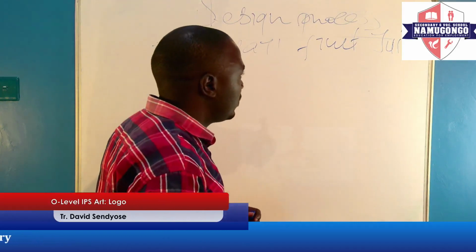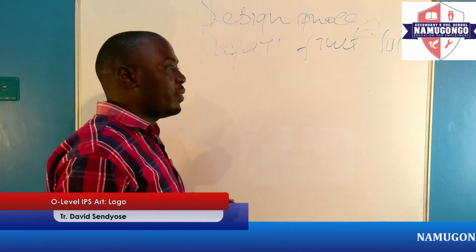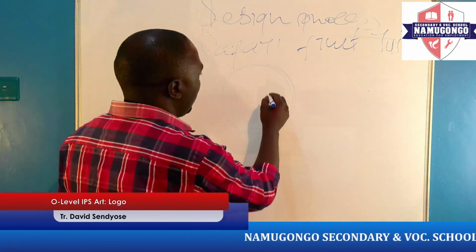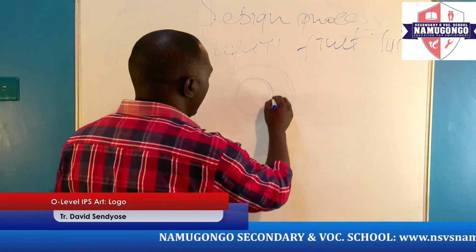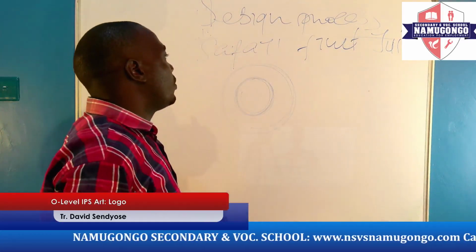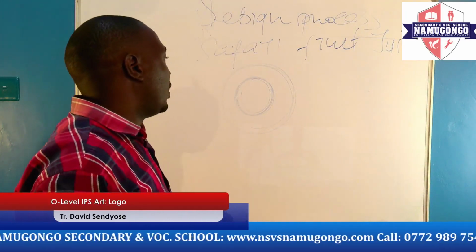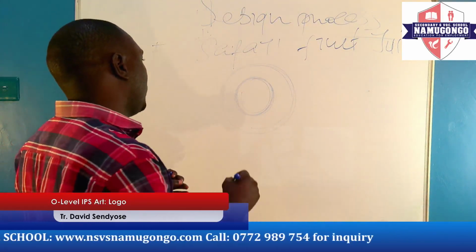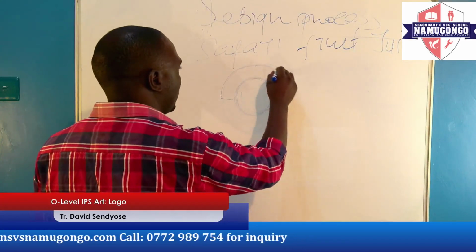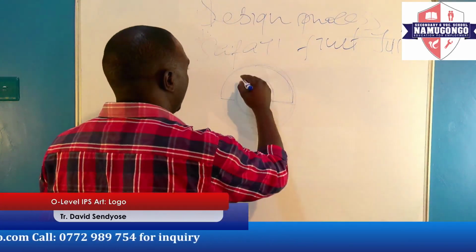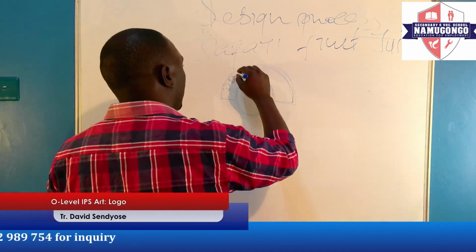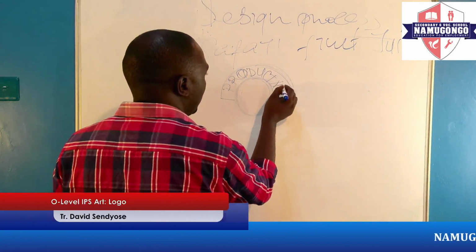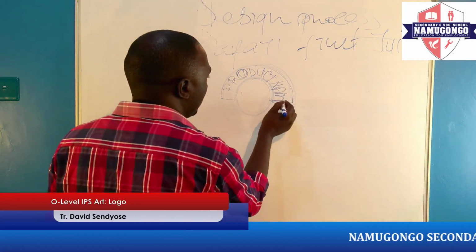What I do first is to come up with a layout which I'm going to use to come up with my logo. And this is how my layout is going to be. Where do I put the product name? Here I can decide to put the product name.